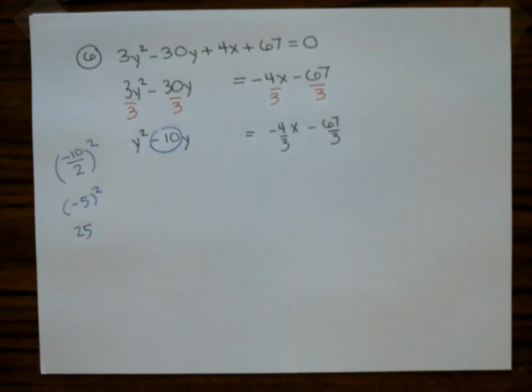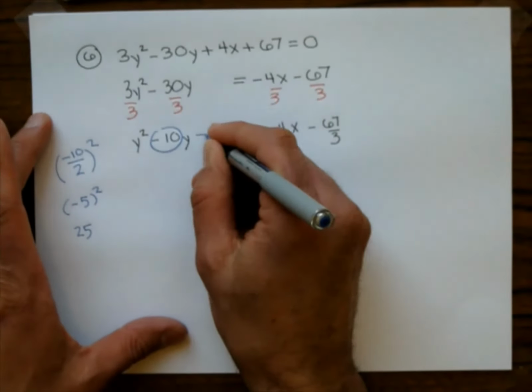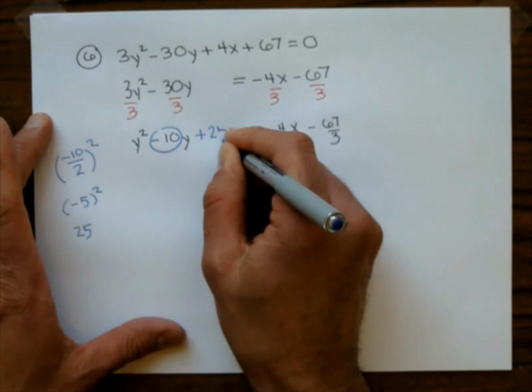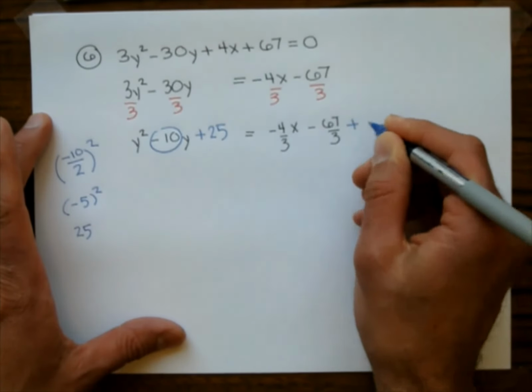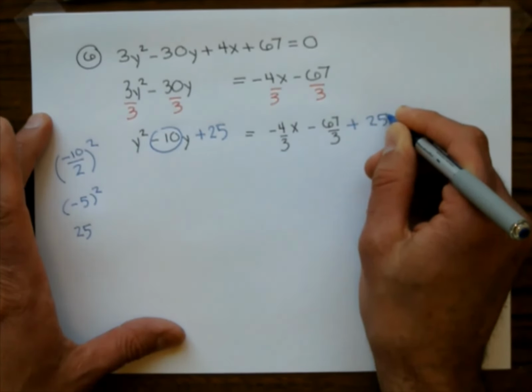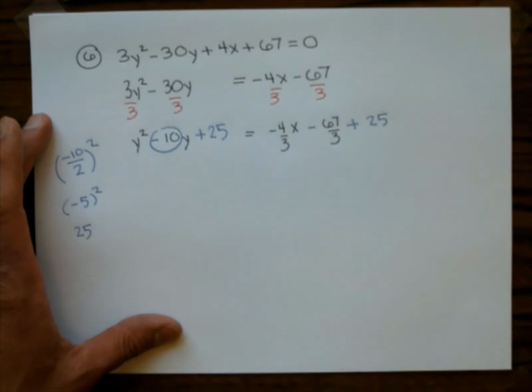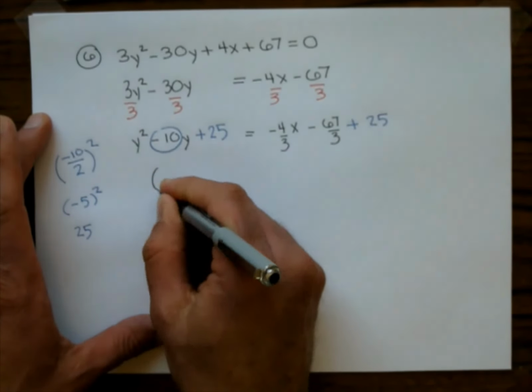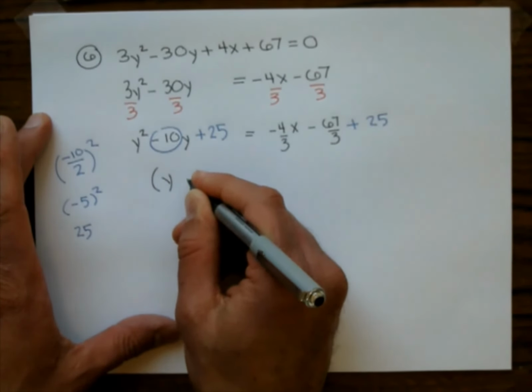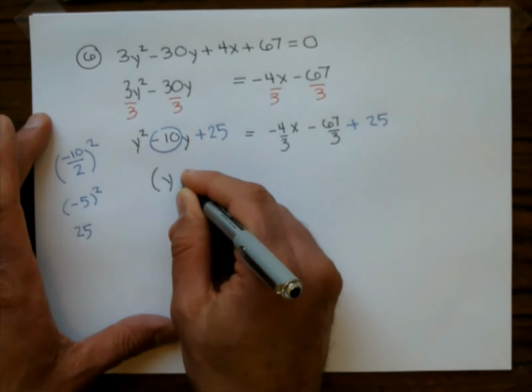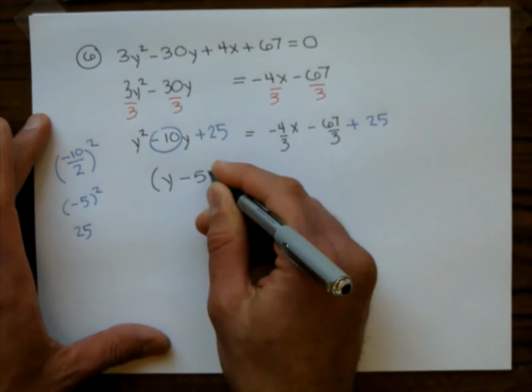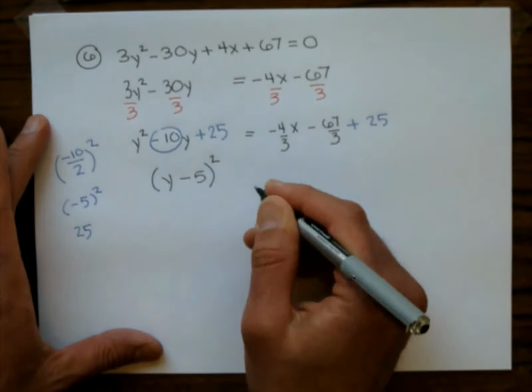That's the magic number. So I'm going to add 25 there and add 25 to the right. The left hand side is going to factor into a perfect square trinomial. Let's see, y minus 5, squared.